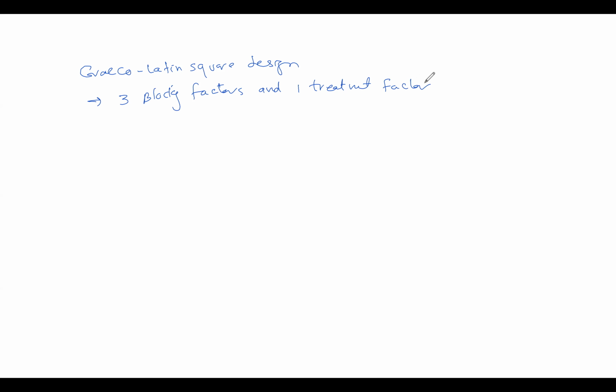And the assumption is that there is no interaction between any two factors. If we have three blocking factors and one treatment factor, it means that we have four factors, with no interaction between any two factors. This is very important because we cannot test this. So we assume it is not significant.